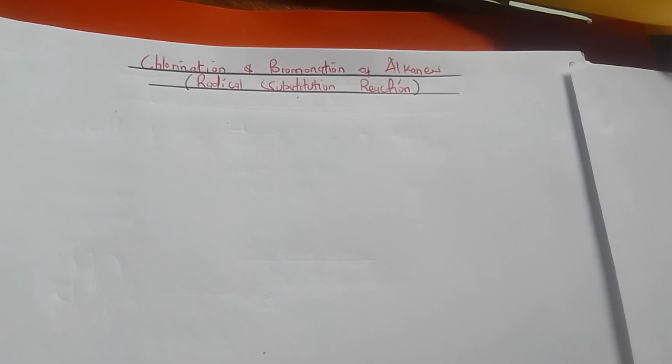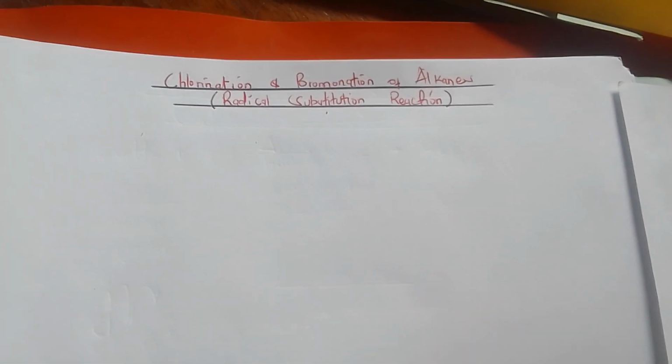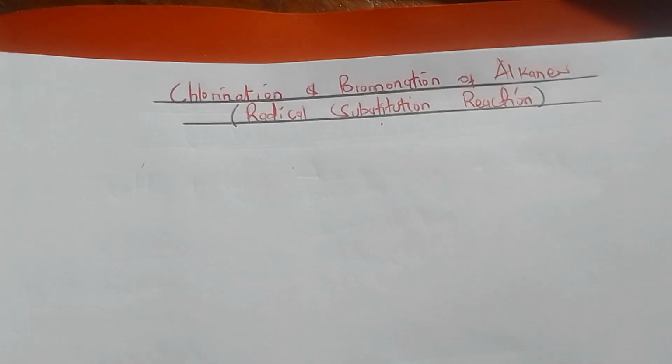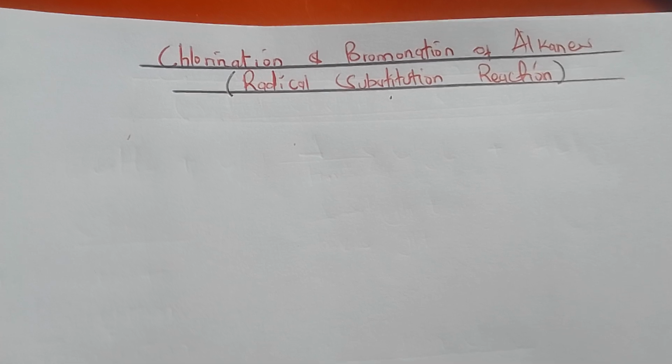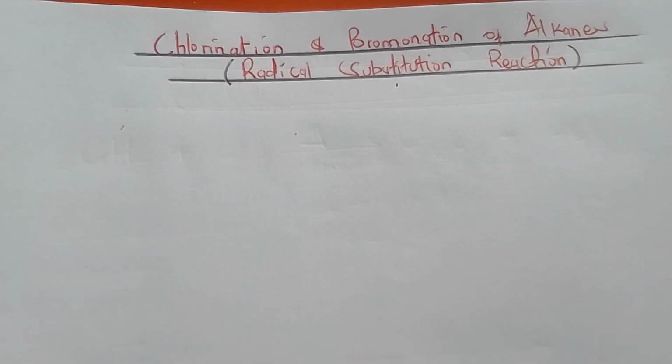A very candid example that we are going to look at here is the reaction between methane and chlorine. So we want to look at the reaction of methane and chlorine. That is a chlorination of methane.